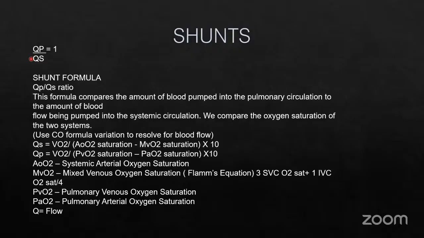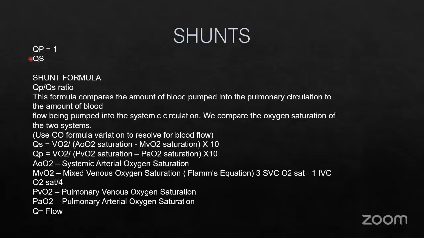So the amount of blood pumped from the heart to the body should be the same as the amount of blood from the heart to the lungs. Yay or nay? Yay. Okay, thank you. It's kind of hard because I don't see you and I'm not there, so it's nice to check this.